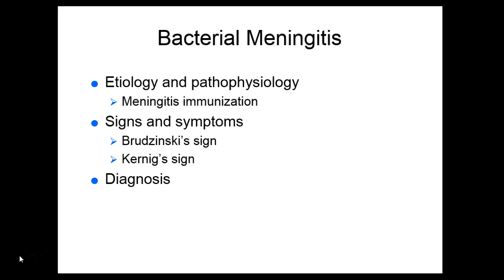Signs and symptoms of meningitis are a sudden onset of fever and a severe headache that is greatly aggravated by moving the head. Other signs of meningeal irritation include pain and stiffness of the neck when flexing the neck, otherwise known as nuchal rigidity.